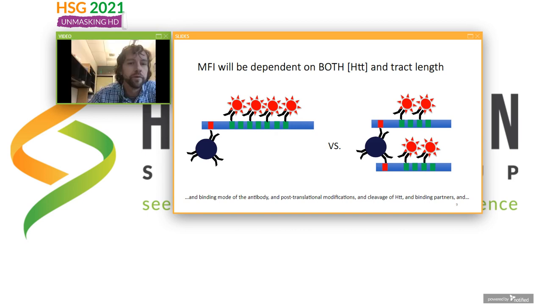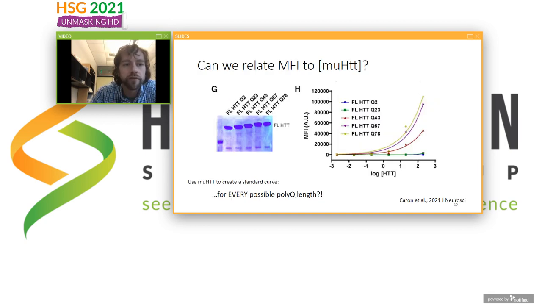We see we have 4 antibodies bound. But we can't really tell the difference between this situation and one where we have a shorter mutant Huntingtin stretch, but there is more protein bound. So it's not a simple, straightforward calculation to go from concentration to fluorescent intensity.